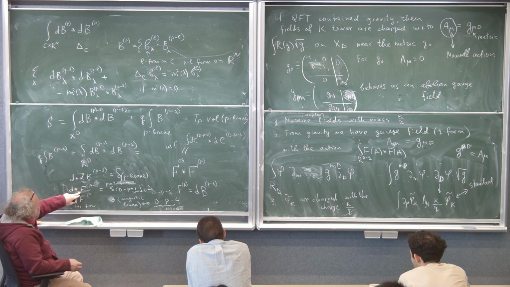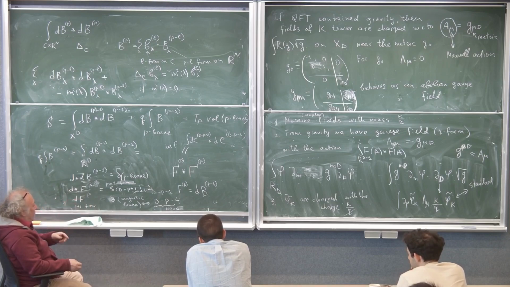That's why it's like this. p form, D minus p, D minus p plus 1. So it is this space-time, D minus p plus 1.